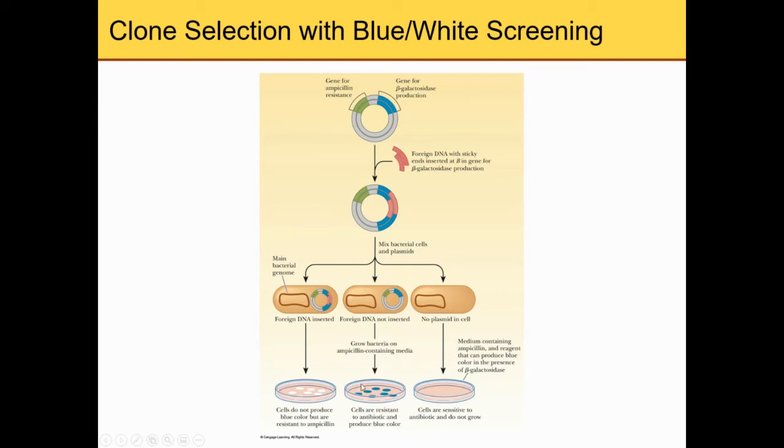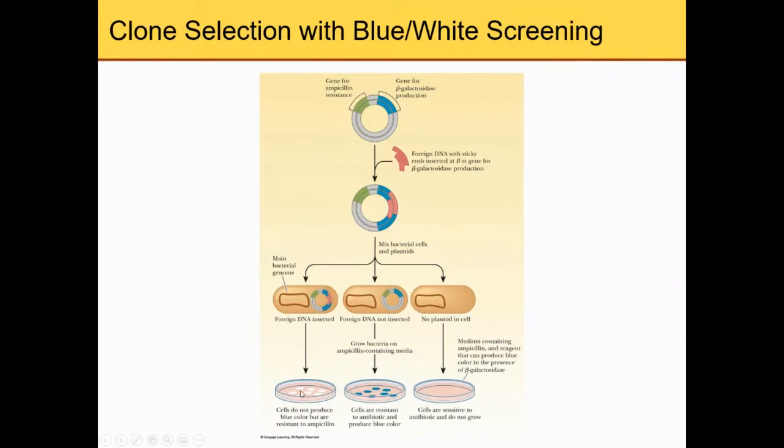You can put the selective media with the ampicillin and also the X-gal, so that you can do this one-step screening. All right, so blue color indicates the cell is a recombinant cell, but the DNA the cell carries is the original DNA.